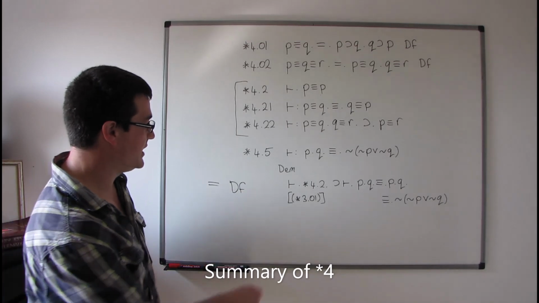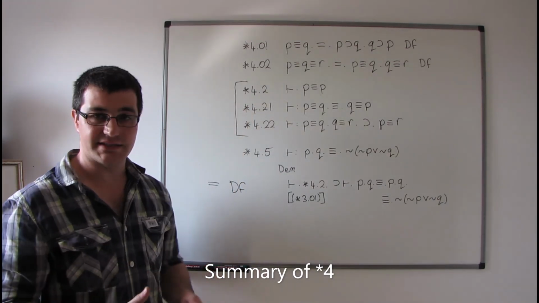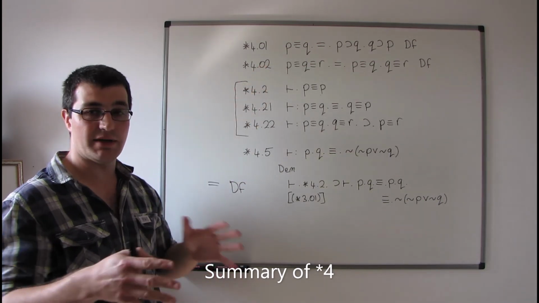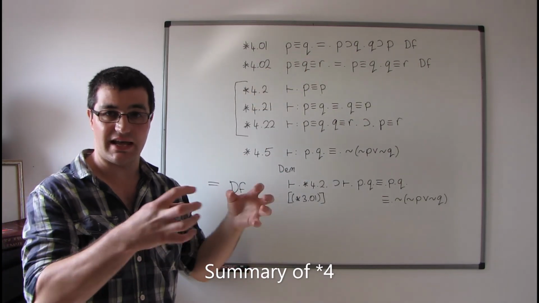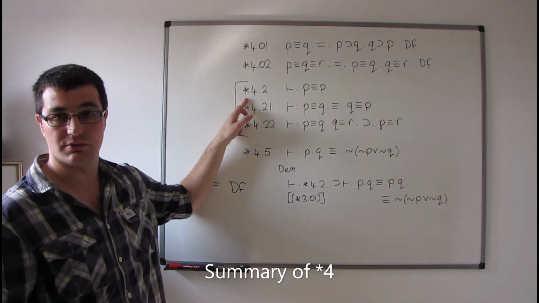So we can use this proposition 4.2 quite effectively to turn definitions that involve elementary propositions or propositional functions. We can take the definitions and convert them into equivalences using 4.2.